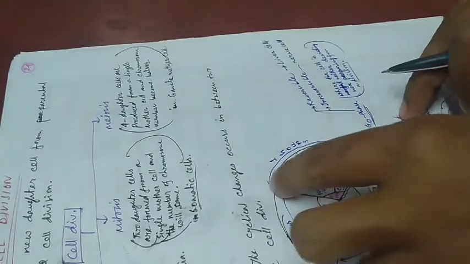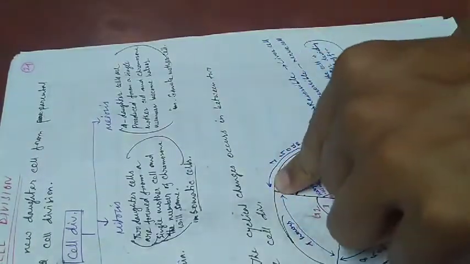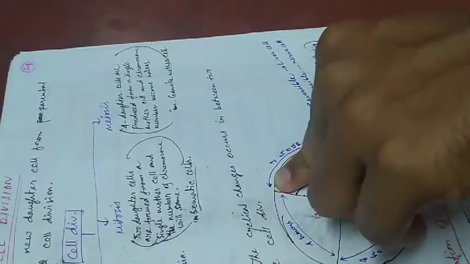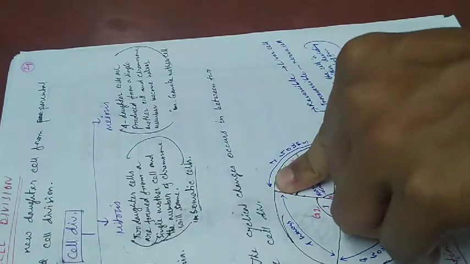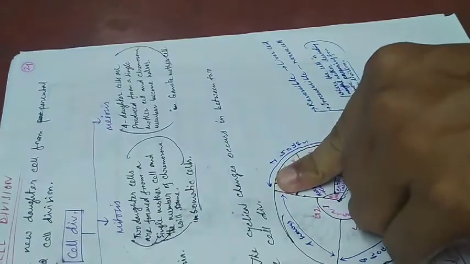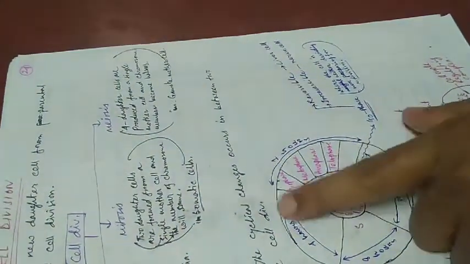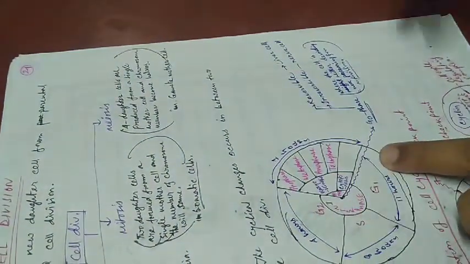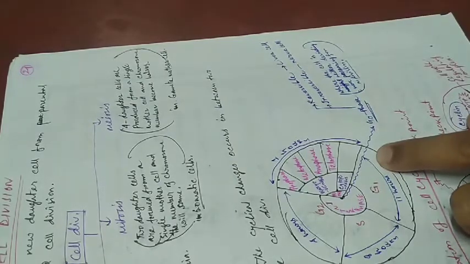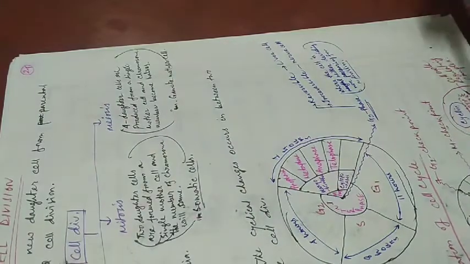It means the divisional phase, or mitotic phase, occurs in 1 hour. But most of the time is taken by a cell for preparing itself for the next cell division.